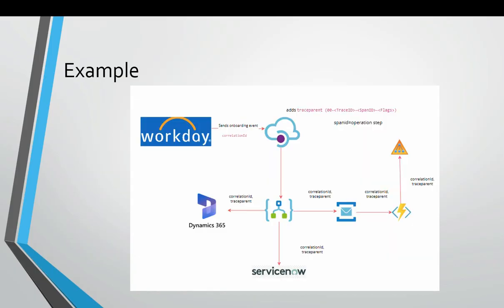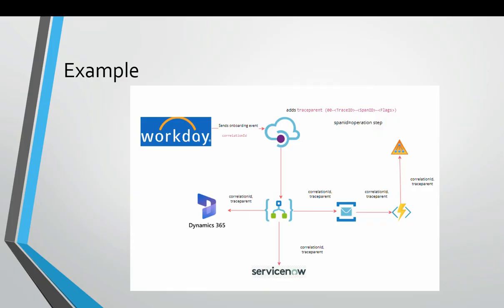So let's take an example here. Okay, let's take a real-world scenario: an employee onboarding process. When HR adds a new hire in Workday, it triggers a webhook to our Azure API Management endpoint. APIM accepts the request, logs it, and attaches a correlation ID.